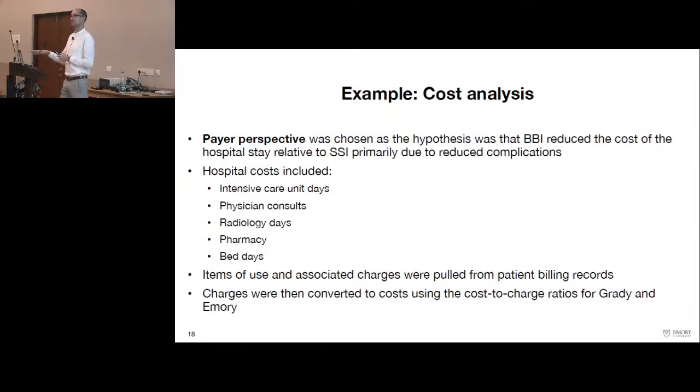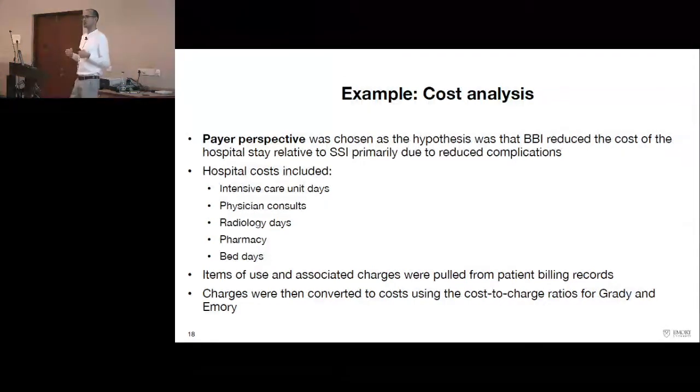So even though we're talking about Emory researchers doing an analysis on Emory data, the hospital still didn't want to give them the actual payments they received, essentially not to lose market power.